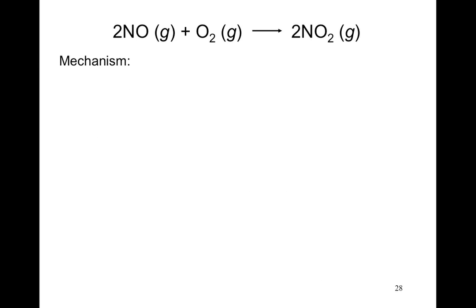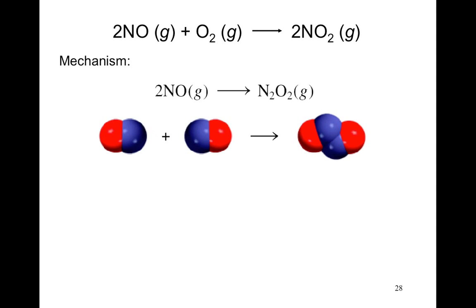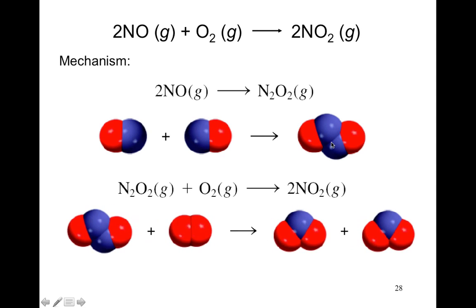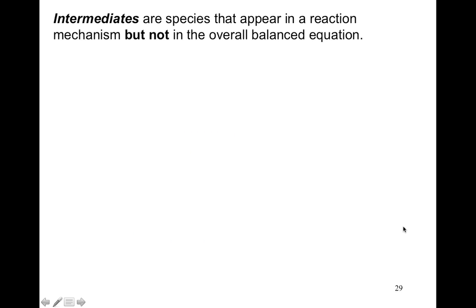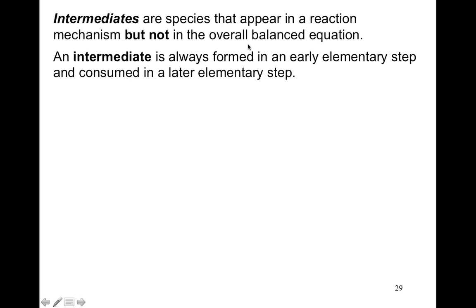So here's what our reaction mechanism could look like. First thing that has to happen is two of our nitrogen monoxides have to make this dinitrogen dioxide molecule. Then a dinitrogen dioxide molecule has to react with oxygen gas to give us two nitrogen oxides. Intermediates, like our N2O2 example, are species that appear in a reaction mechanism but are not in the overall balanced equation.